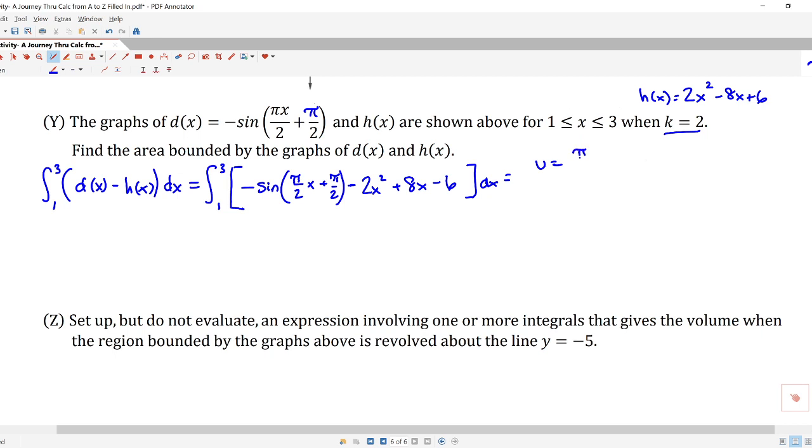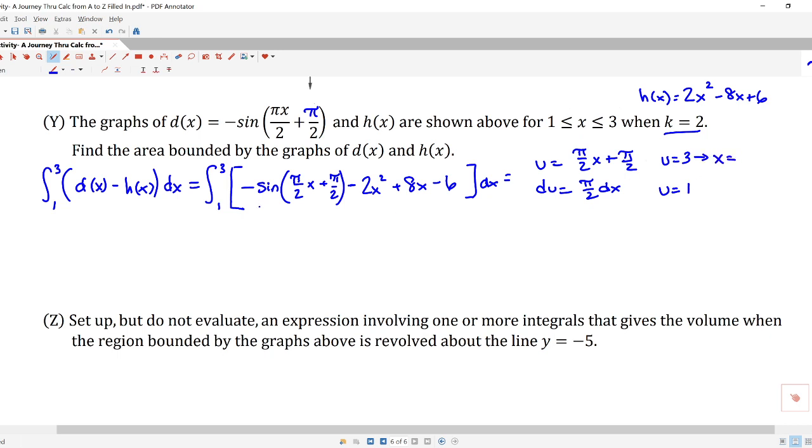So u is going to be pi over 2x plus pi over 2. So du is going to be just pi over 2 dx. Now, notice we don't have an extra pi over 2 on the outside, so we are going to have to put one in and counter it with a 2 over pi outside of that. I'll show you that in a second. My bounds are upper bound is 3, lower bound is 1.